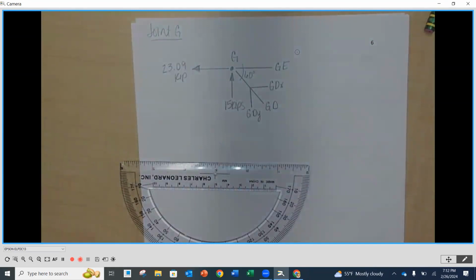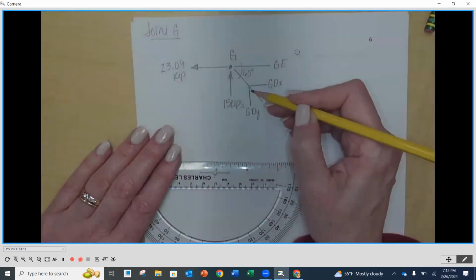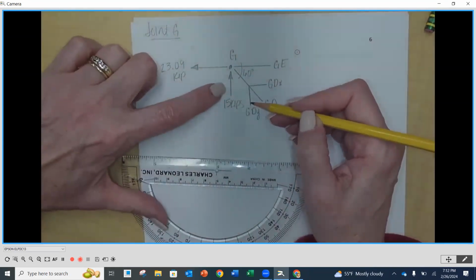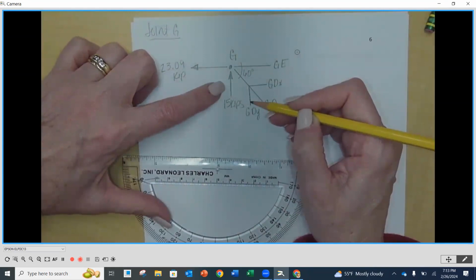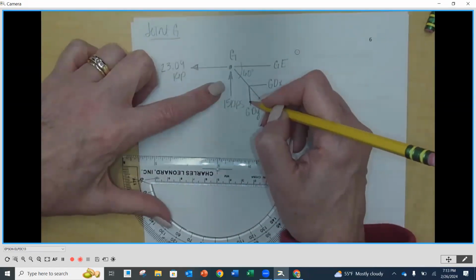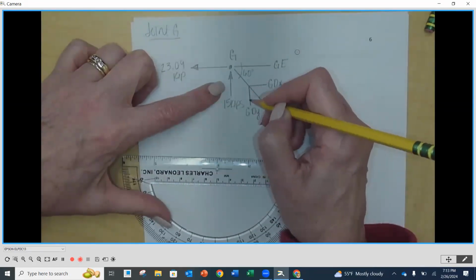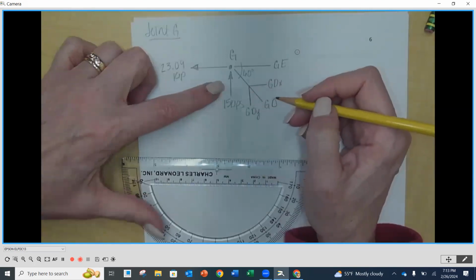As we look, there are only two forces in the Y direction. Since my GDY is an unknown direction at this moment, but I know the 15 is going up, which way should I show the GDY? Up or down? What do we think?